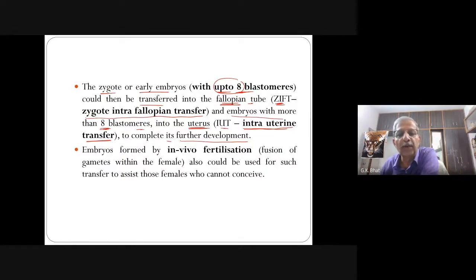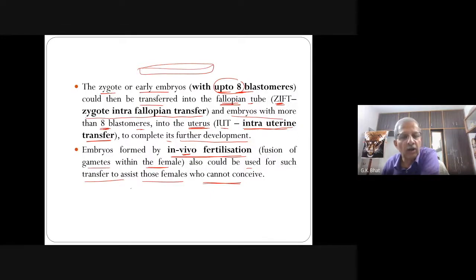Embryos formed by in vivo fertilization. What is in vivo fertilization? In the actual, in situ: fusion of gametes within the female, inside the female body, also could be used for such a transfer to assist those females who cannot conceive. It is not that we have to bring everything into the petri dish. Even this can be done in vivo.